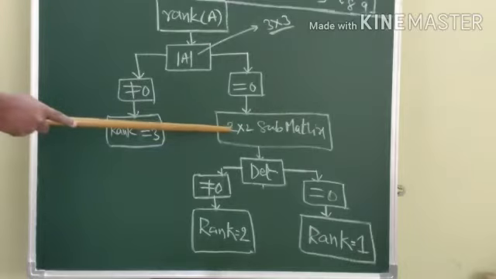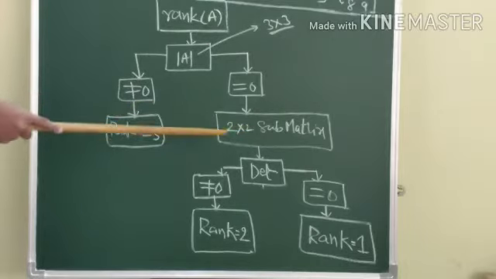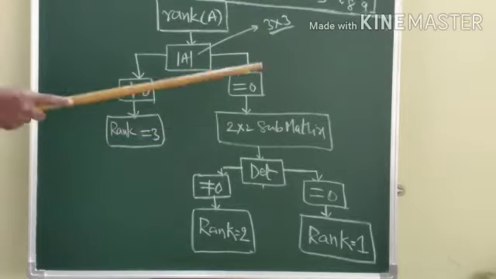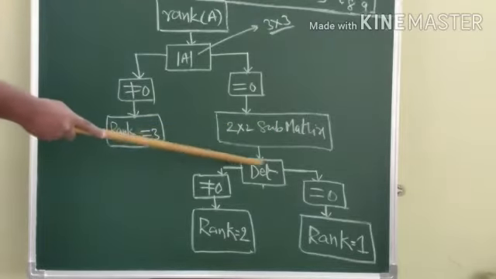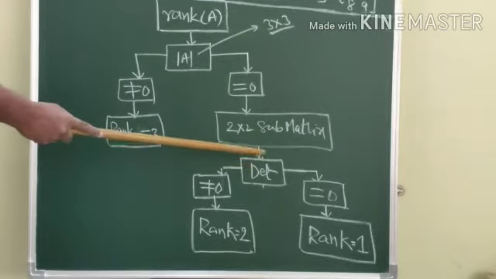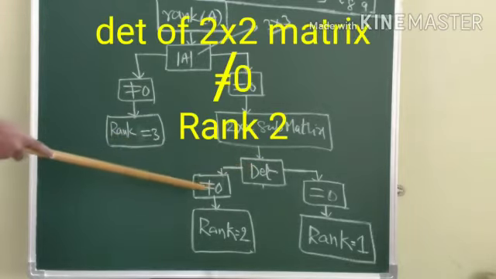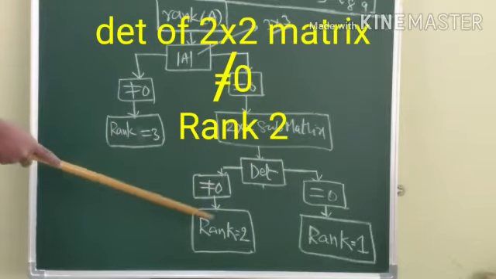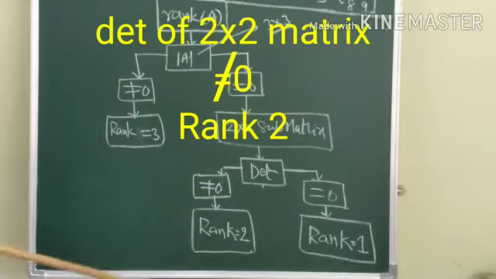That means if you are deleting some rows or columns, we get a submatrix. Then you take a 2 by 2 submatrix and find the determinant of that 2 by 2 submatrix. Here, if the determinant of the 2 by 2 submatrix is not equal to 0, then the rank of the matrix is 2.